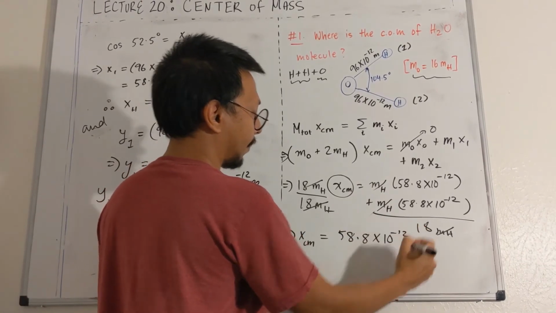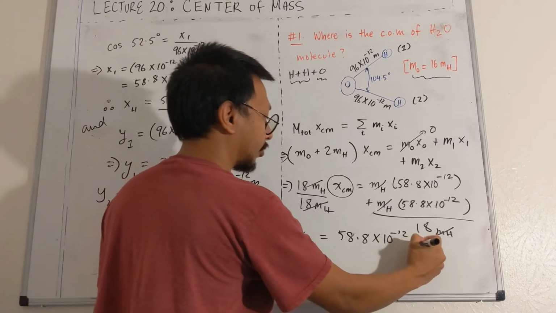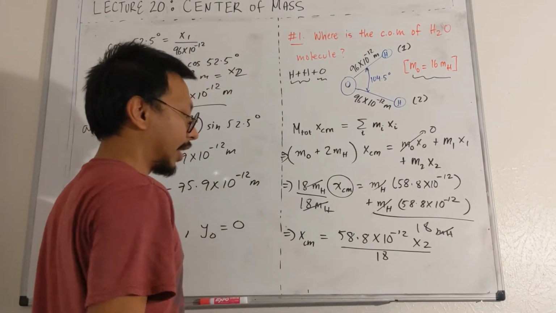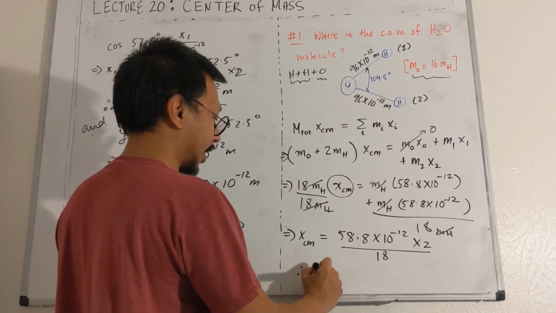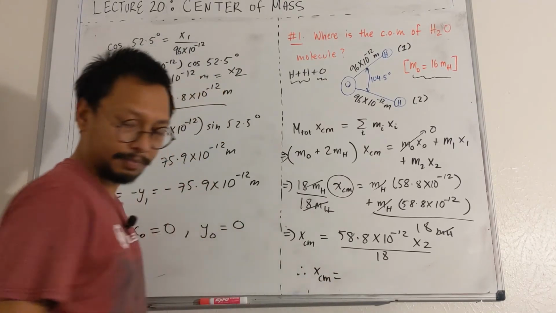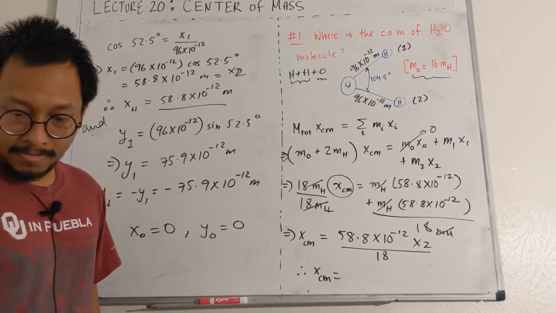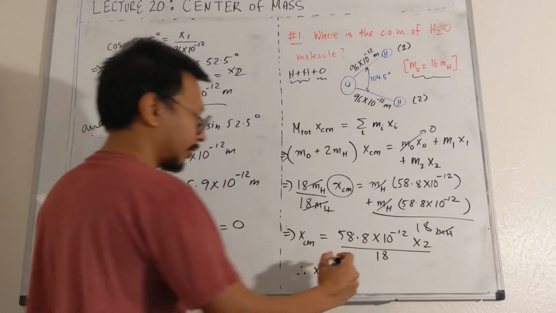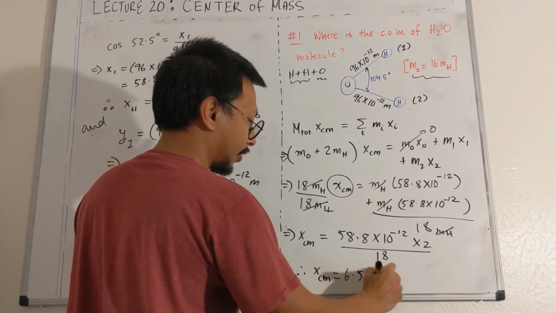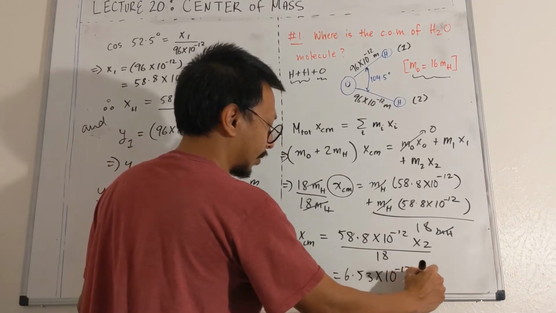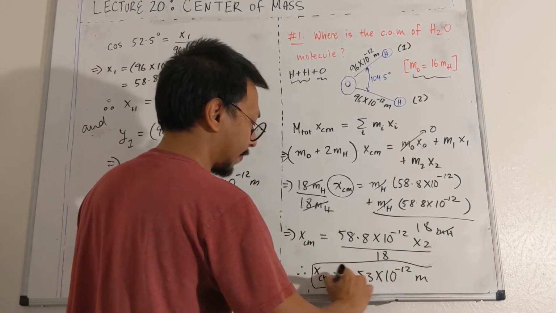So we have 58.8 times 10 to the minus 12 multiplied by 2 over 18. This is the x center of mass position, and that comes out to be 6.53 times 10 to the minus 12 meters. This is the x center of mass position.